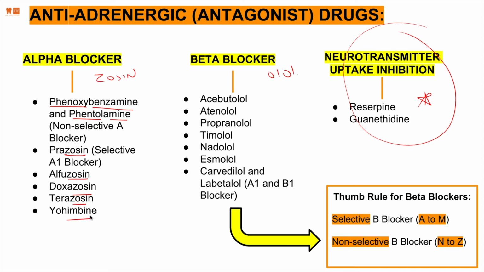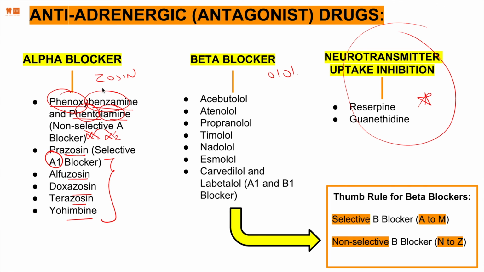So how do you remember all of this? Well, we know that all the zosins are selective alpha 1 blockers, but when we're talking about non-selective, which means it could block both alpha 1 and alpha 2, then what? Then we look at phenoxybenzamine, phentolamine.